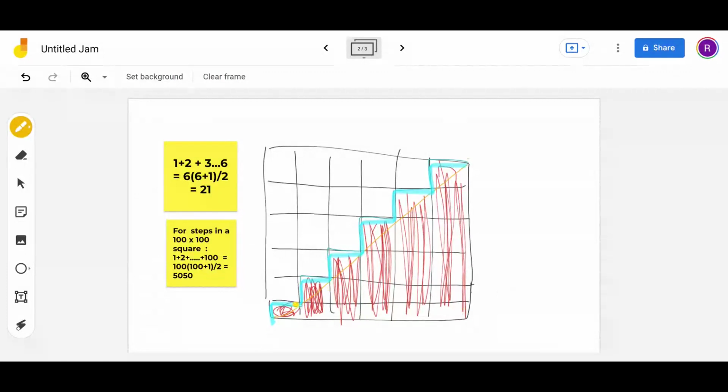If I'm not doing this blue thing, what is the exact area under the yellow line if it is 100 by 100? Is it 5050? What is the area of this triangle when this is 100 and this is 100?